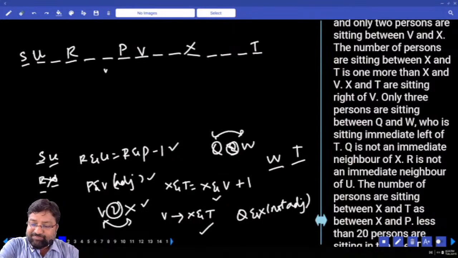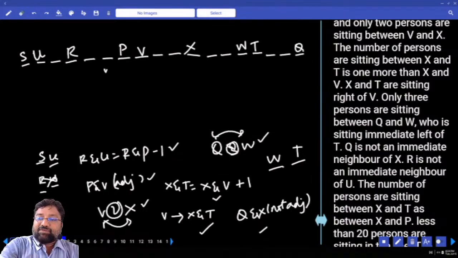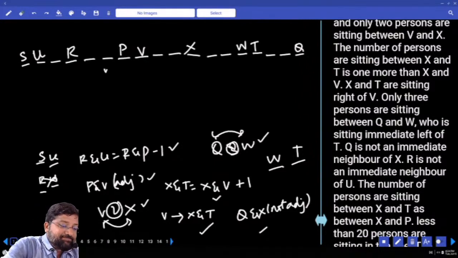Next, what is this? Here W should be taken. 3 persons between W and Q. Q is not adjacent to X. 3 persons between W and Q. Any problem?